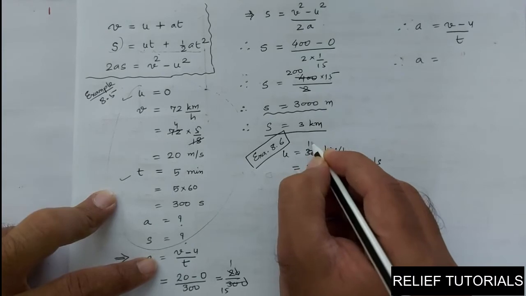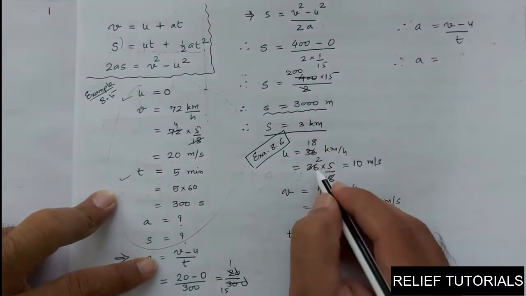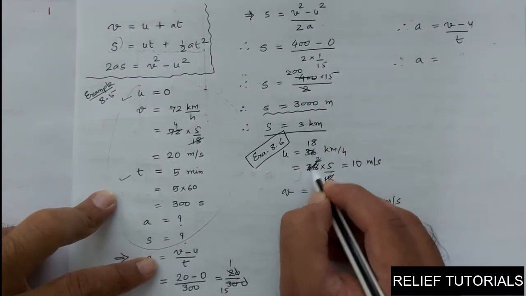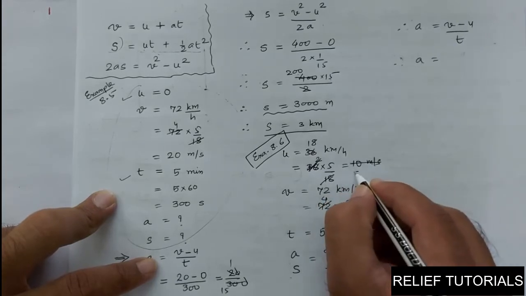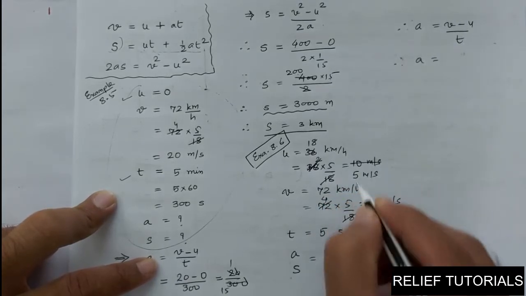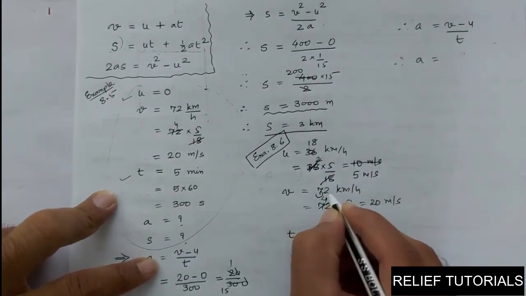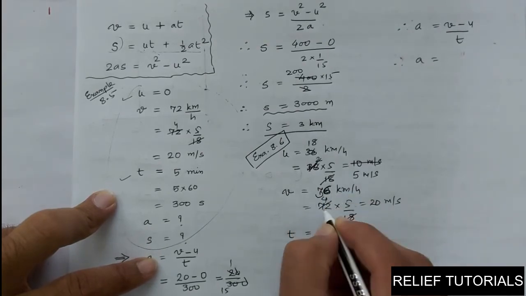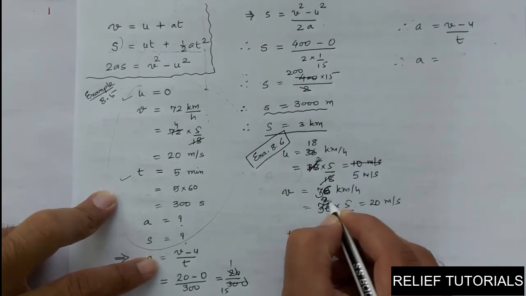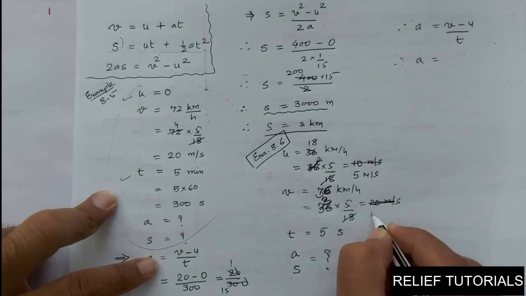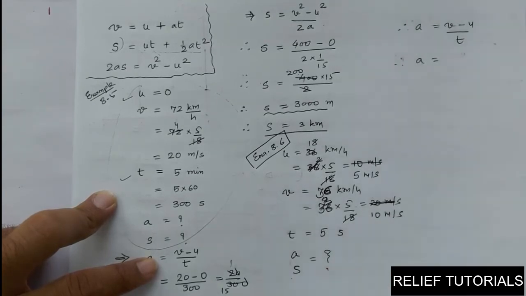Here in place of 36, it is 18. So if you write 18 here, 18 will be cancelled, so it will be 5 meter per second, and here it is 36. So if you take 36 here, it would be 10 meter per second. Please make it correct by yourself, it's easy.